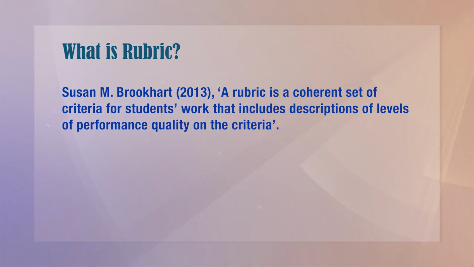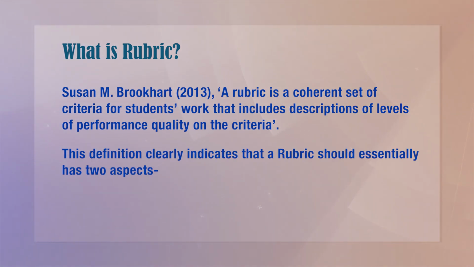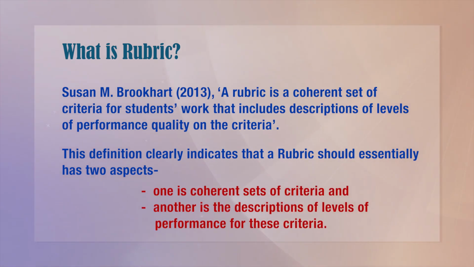In 2013, S.M. Brookhart defined a rubric as a coherent set of criteria for students' work that includes descriptions of levels of performance quality on the criteria. The definition given by Brookhart clearly indicates that a rubric should essentially have 2 aspects. One is a coherent set of criteria and another is descriptions of levels of performance for these criteria.